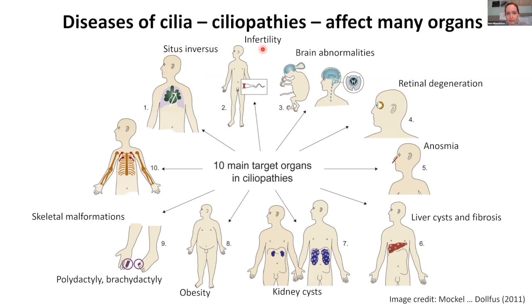It can be infertility associated with immotile, non-motile spermatozoa, or severe brain abnormalities, retinal degeneration where rod and cone cilia are affected, complete loss of smell, cysts in liver and kidney. It can also cause obesity and skeletal malformations like a very narrow rib cage or more than five fingers, polydactyly.